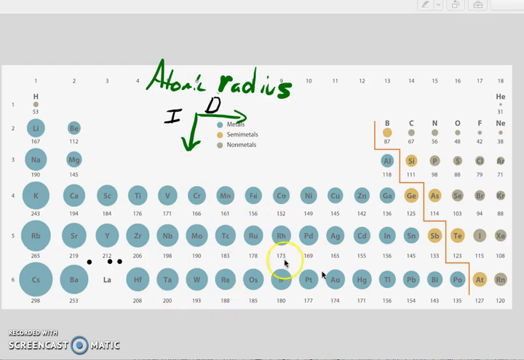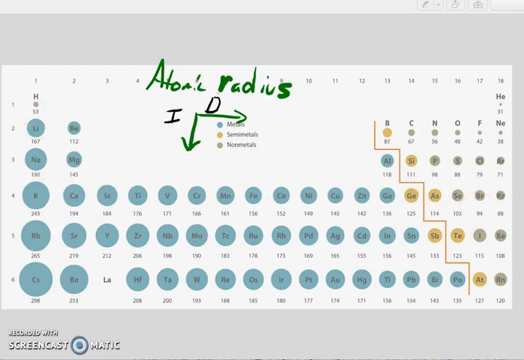You could argue some of these might break the rules, and it's because they actually do. These are generalized trends. They're not absolutes. As we go down one of the columns, we get bigger, increased. And likewise, as we go across one of the rows, we get smaller.